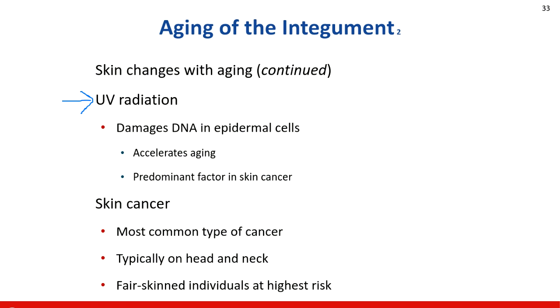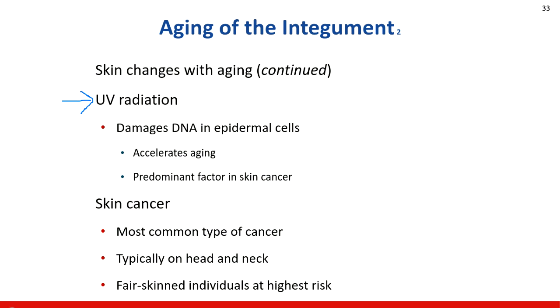But point being is, we know that both ultraviolet radiation A and ultraviolet radiation B are not good. B is the worst one. It can damage your DNA. And that's the whole purpose behind the melanin. It coats the nucleus, and so it protects the DNA inside that nucleus from the ultraviolet radiation.